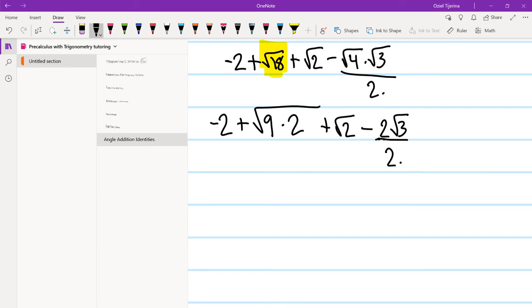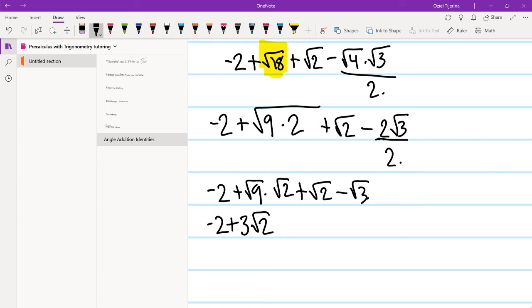So then you would say negative 2 plus the square root of 9 times the square root of 2 plus the square root of 2 minus the square root of 3. And then you would say negative 2 plus 3 square root 2 plus another square root 2 minus the square root of 3.